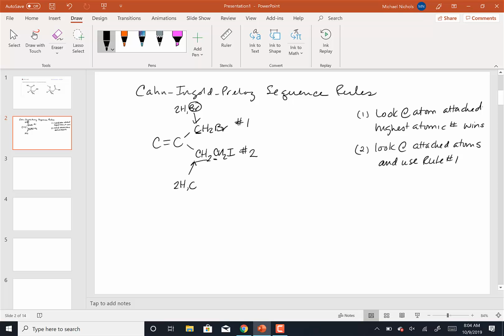In E and Z, I'm going to do that for the other 2 carbons on the other side, and then my 2 priority groups will either be cis or trans. And that sets up Z, which is together, cis, or E, which is across.